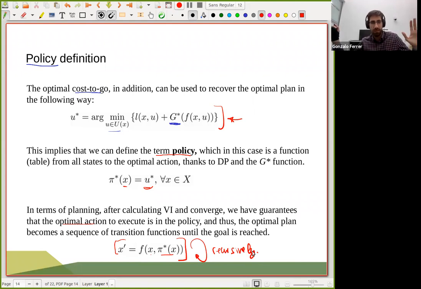This is kind of amazing. This is the power of a policy. Once you have calculated it, and maybe it's a little complicated to calculate because your state space is large and value iteration might take time, after convergence you have the optimal policy calculated.